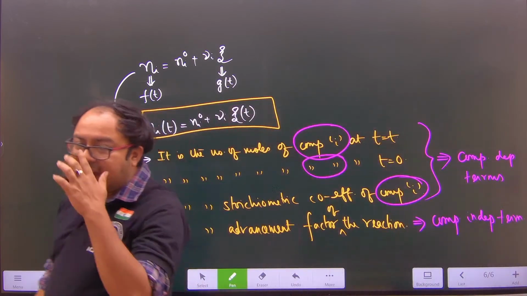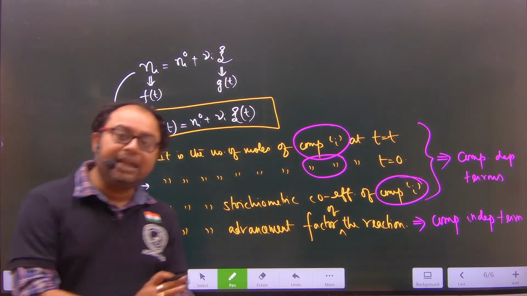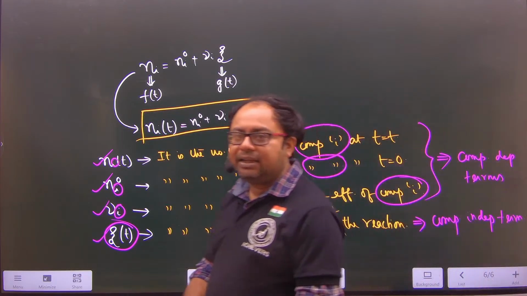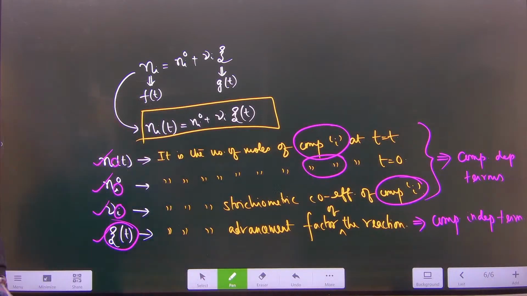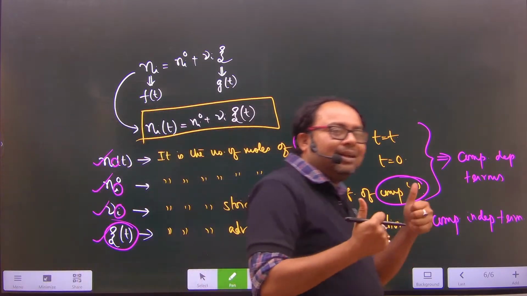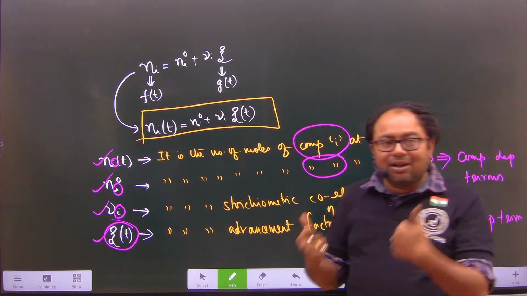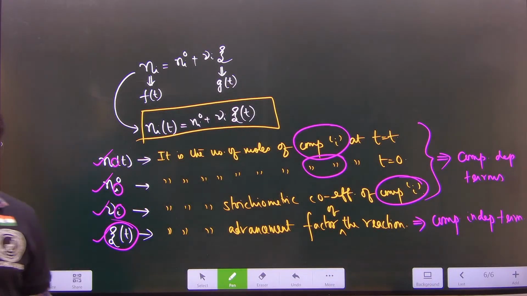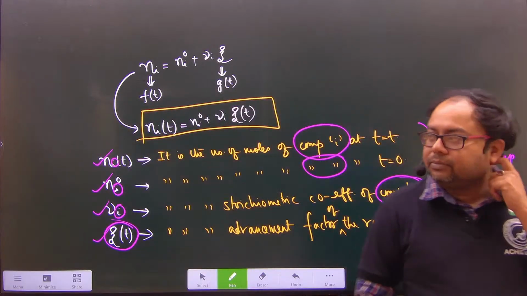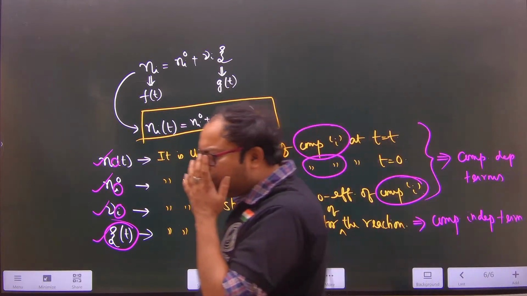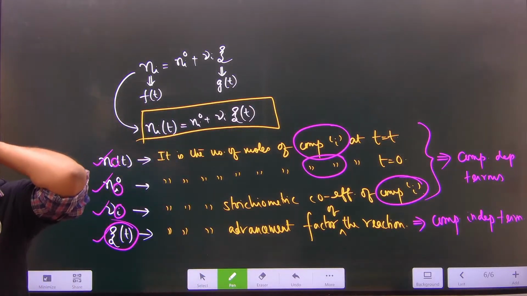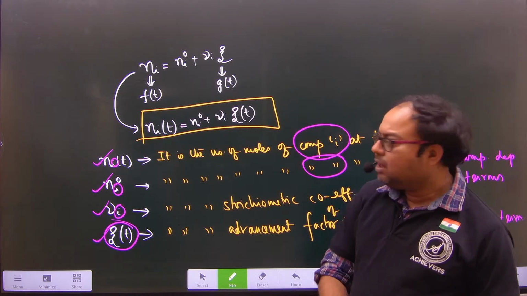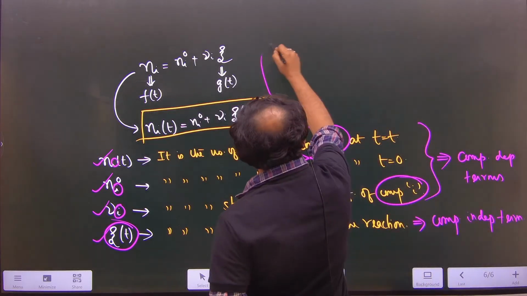Now you have to understand the logic behind this fact, and then only you can understand the essence of the parameter, the extent of the reaction. It is not a component dependent term. So before getting into that, let us rewrite this equation like this.